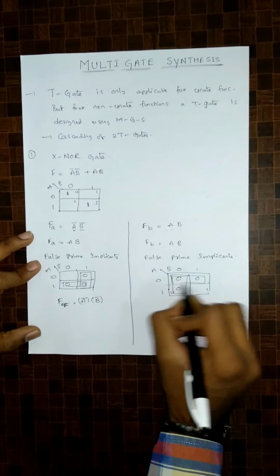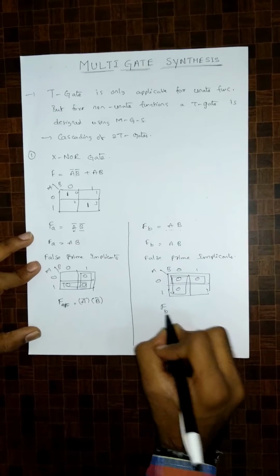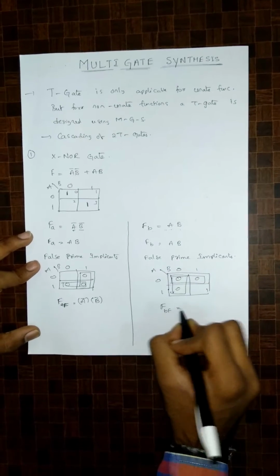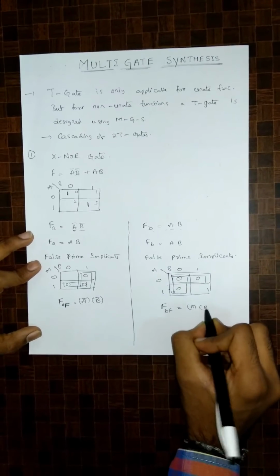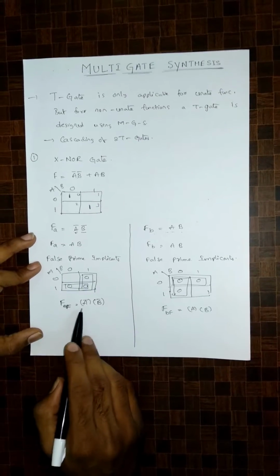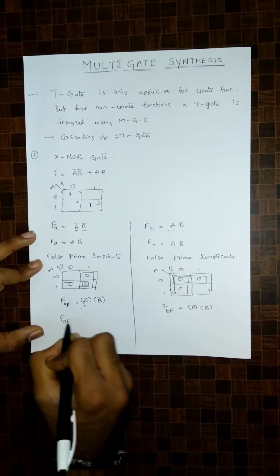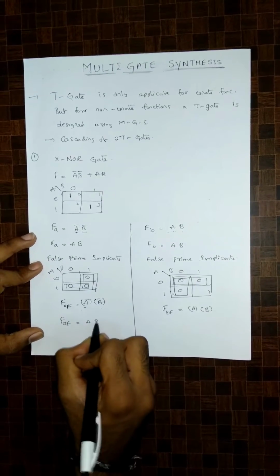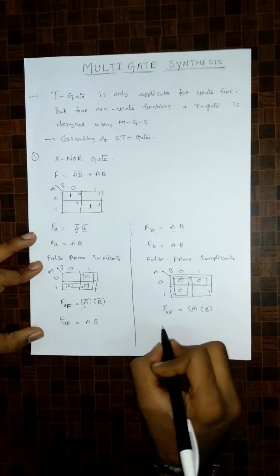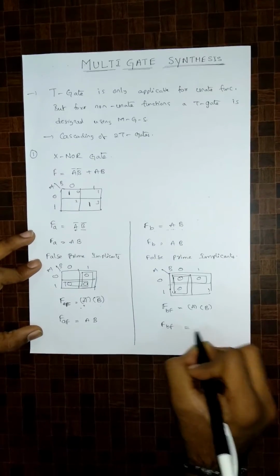By performing the K-map, we get the false prime implicants of FB as AB. As the false prime implicants also contain negative terms, we must convert them into positive.